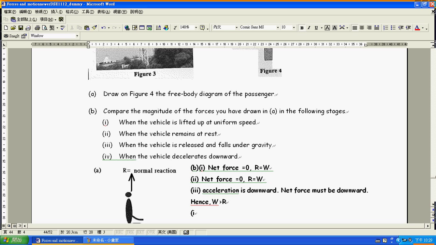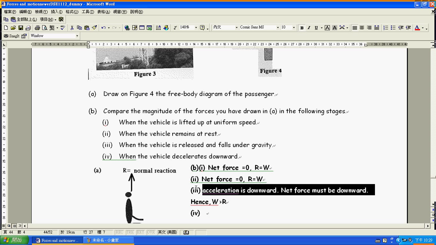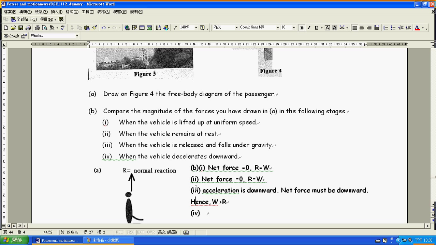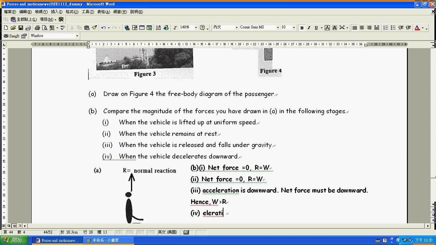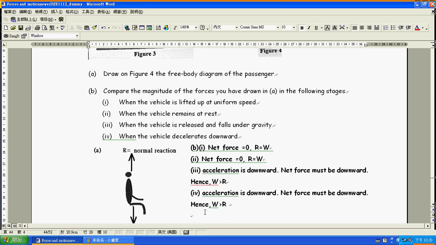And then we have part 4, which states that when the vehicle decelerates downward, so acceleration is upward.